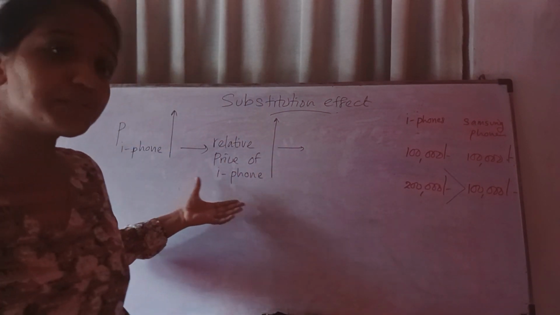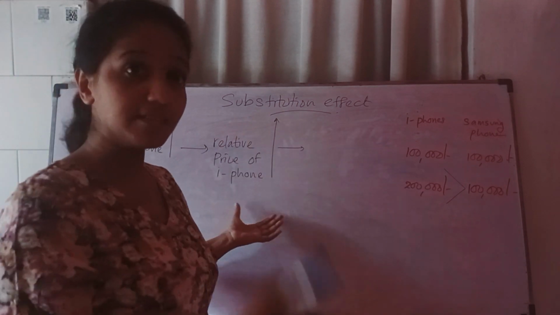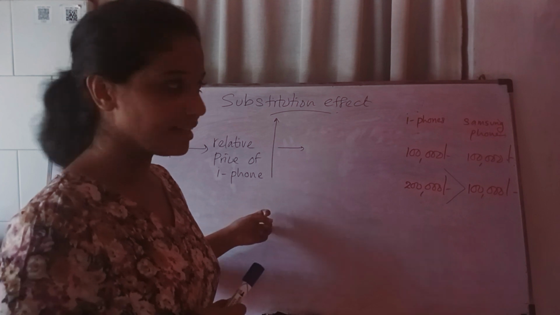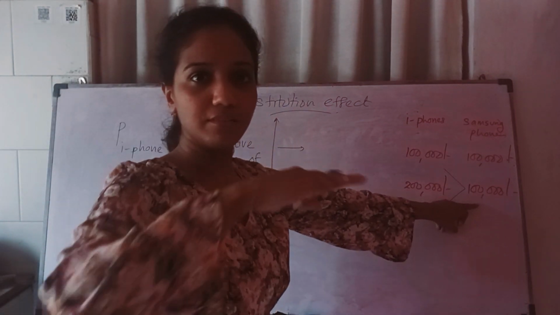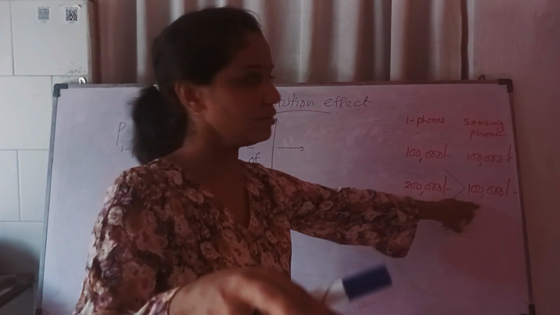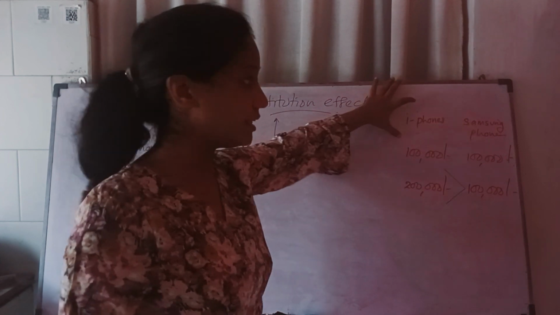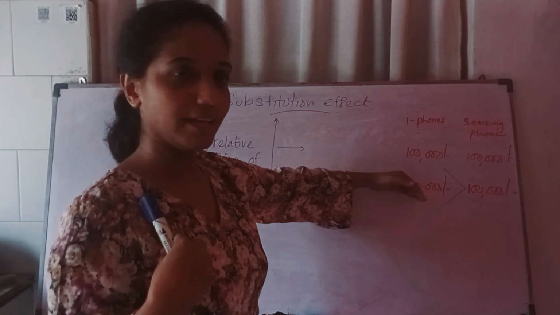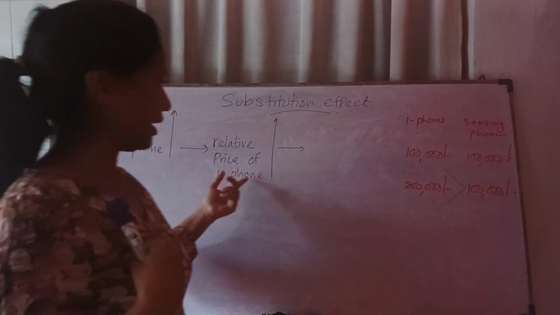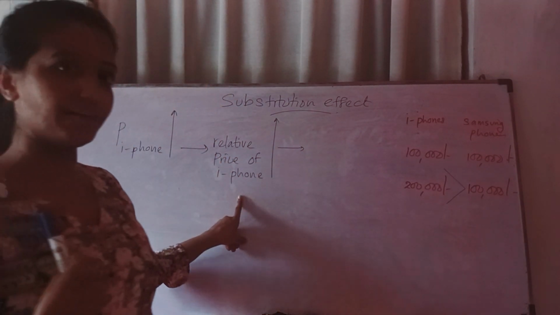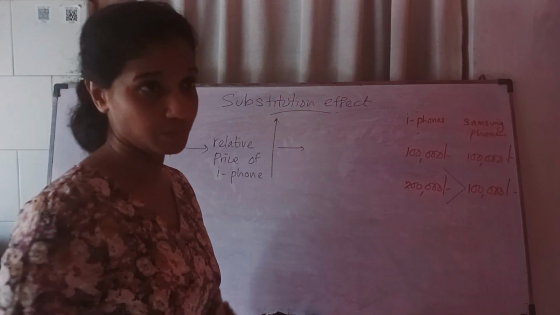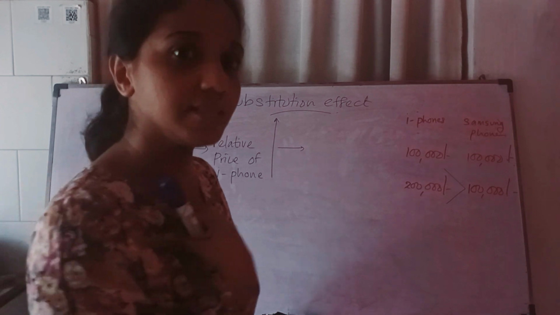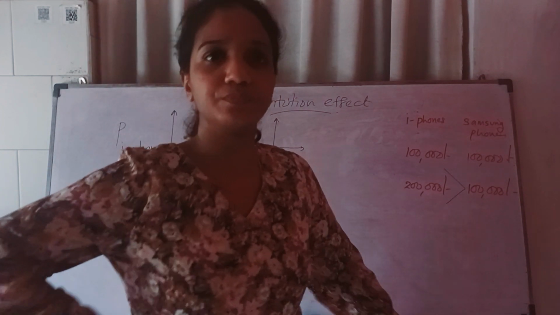More expensive means the relative price also increases, because the price of the Samsung phone remains constant and only the price of our concerned good increases, right? So the relative price of the iPhone increases, it becomes more expensive. Then as a rational consumer, what are we going to do?